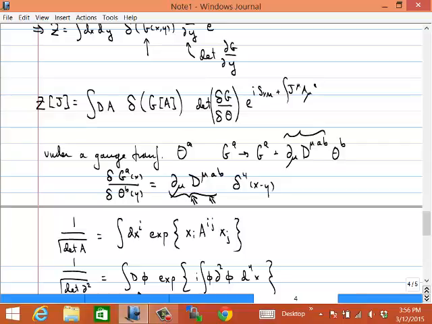The reason why you have a field, that is to say one for each point in space-time, is that your gauge parameter was a field, right? It was a gauge parameter for each point in space-time. But if you don't have a gauge parameter for each point in space-time, but just an n-by-n matrix, then it's not really a field. You just have a determinant.